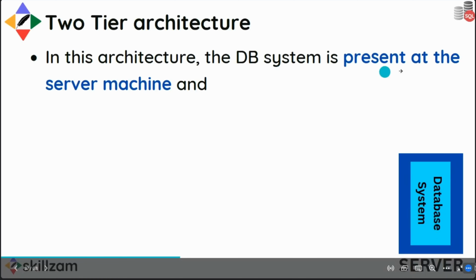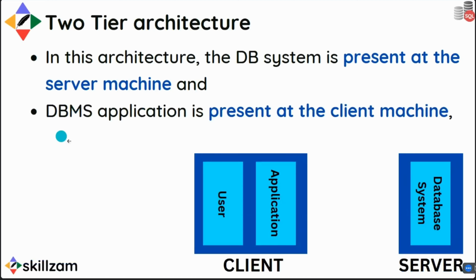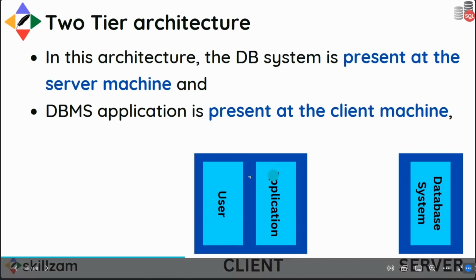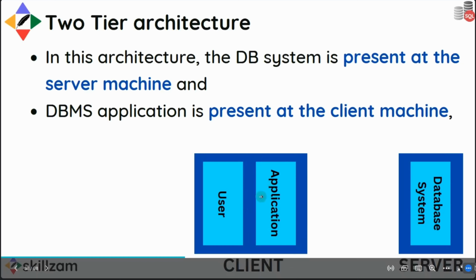The database system is present at the server machine always, and there is also a client machine which contains the application. This is a database management application, whereas this is the database itself. The database resides on the server, whereas the application through which you are accessing the database is on the client.